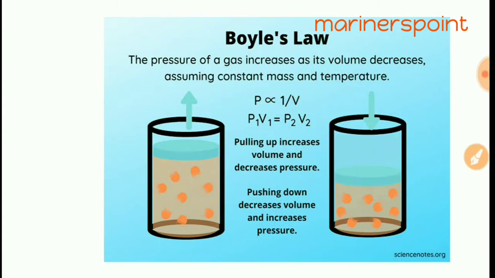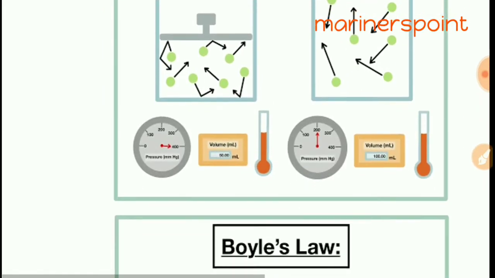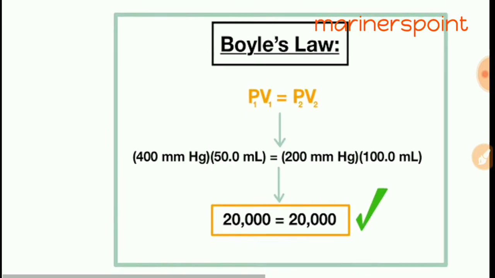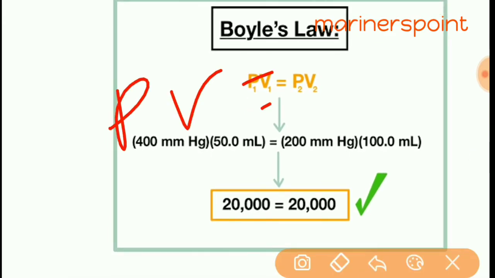From the figure you can easily understand. Then what relation will we get? PV is equal to nRT.